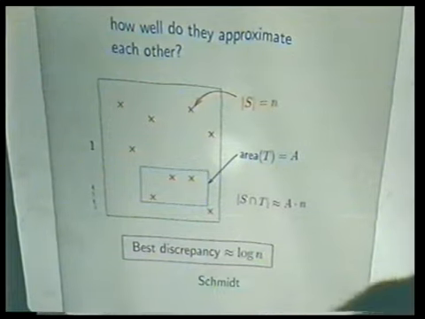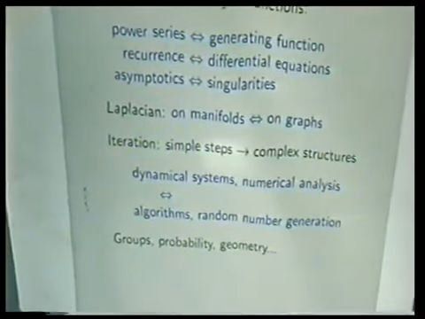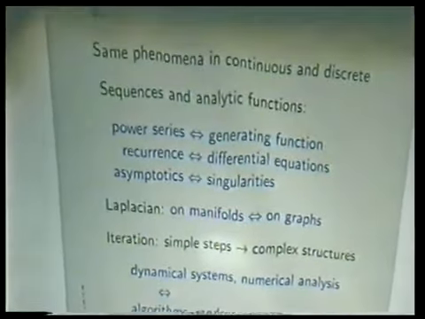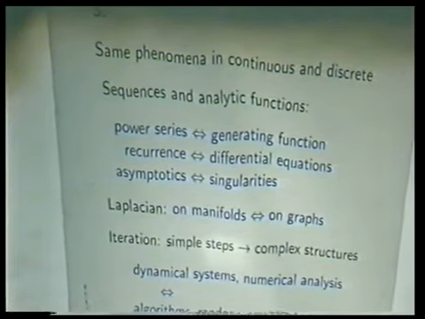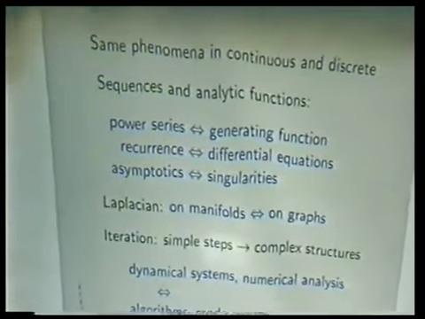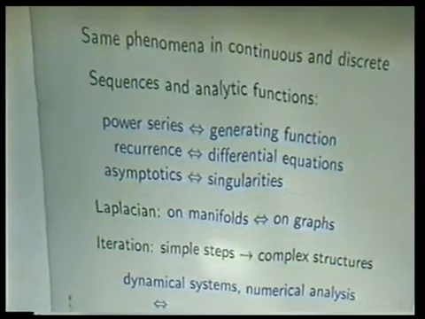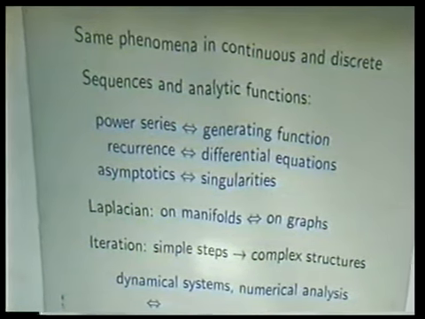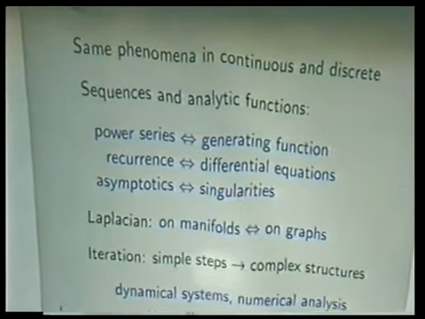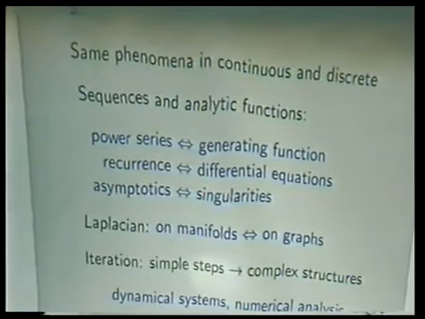Okay, again, this is something which would be nice to talk more about, but I would like to come now to number 5, which is I would like to claim that there are actually many phenomena in mathematics, and this is just a random collection, where you have continuous objects and discrete objects, or you have continuous and discrete versions of the same question.